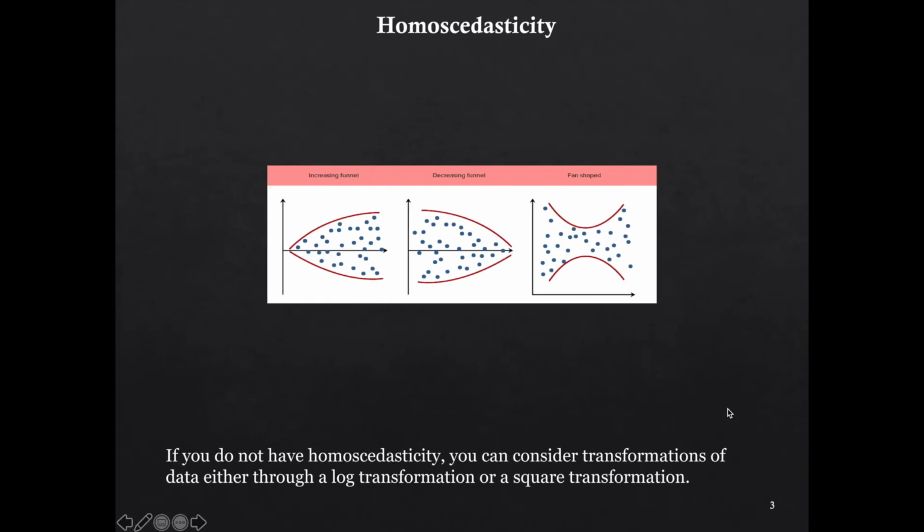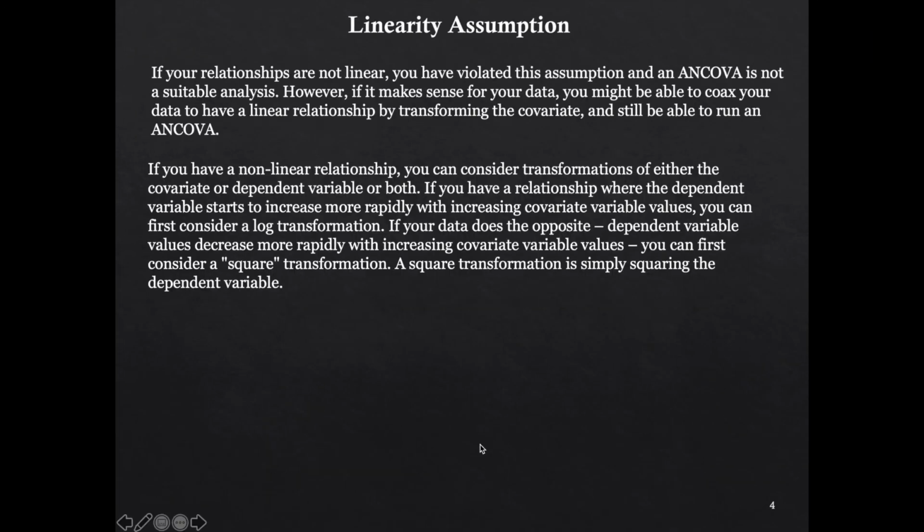And if the relationships are not linear and you violated this assumption, the ANCOVA isn't a suitable analysis. However, if it makes sense for your data, you might be able to coax your data to have a linear relationship by transforming the covariate and still be able to run an ANCOVA. If you have a nonlinear relationship, you can consider transformations of either the covariate or dependent variable or both.